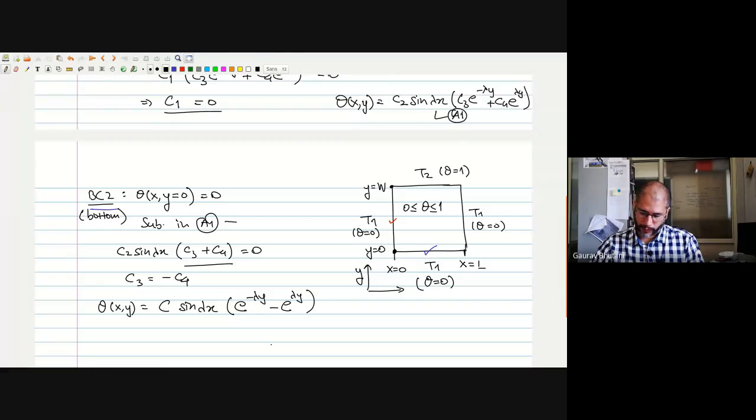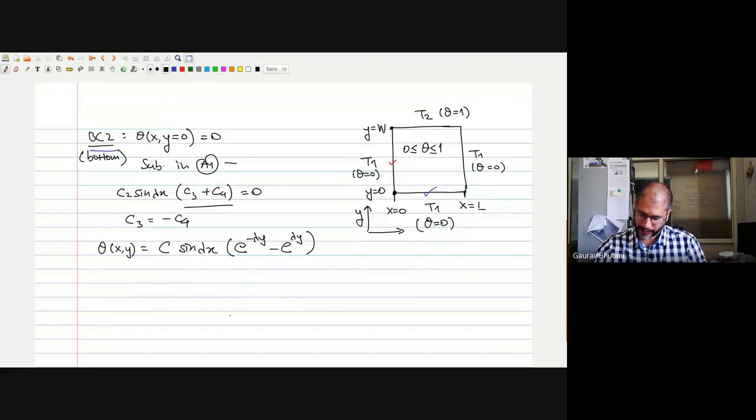All right. So let's move on from here. So we have this theta with us. What I can do now is, I still haven't found the value of lambda.